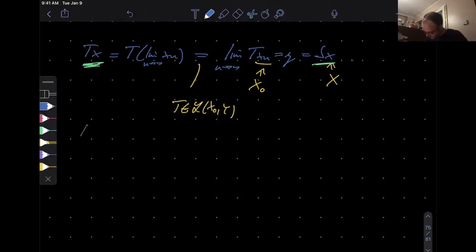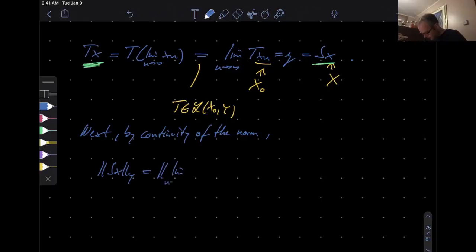Next, we have to show that statement about the operator norms. So by continuity of the norm, we have the norm of S x in Y is, okay, so limit as n goes to infinity, you can copy paste from the above line. In Y, the continuity of the norm allows me to pull that limit out.